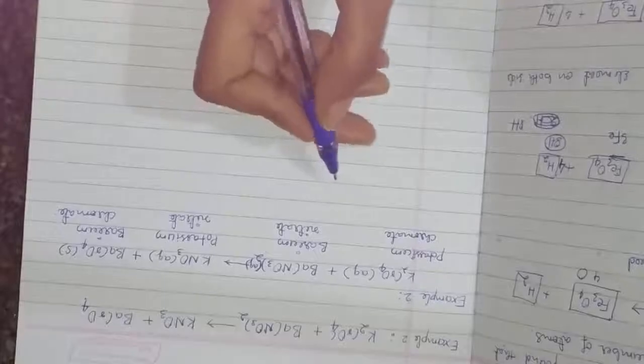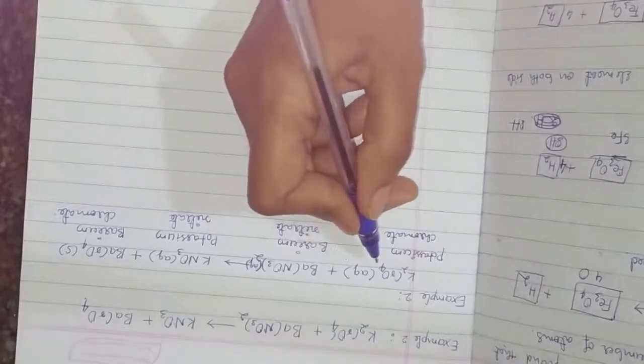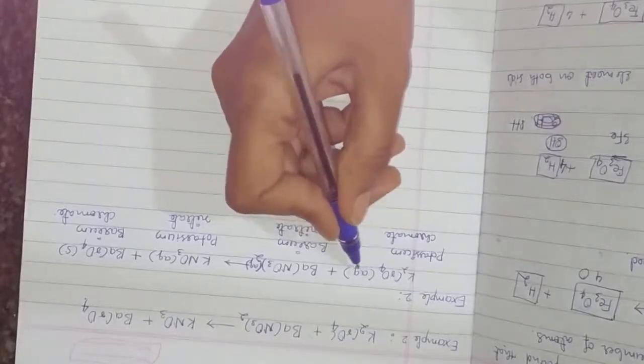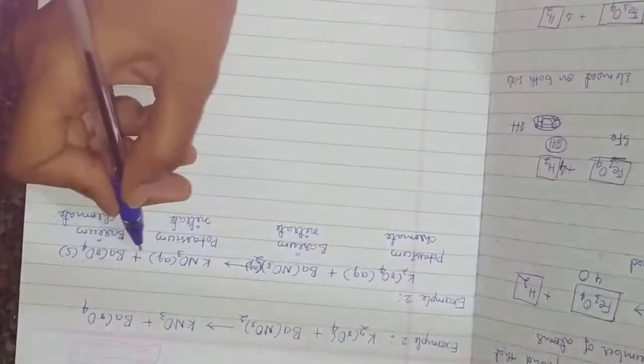Okay, see here, in this chemical equation they have mentioned the state of reactants and the products.